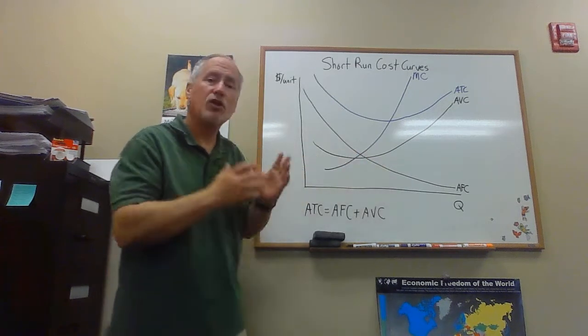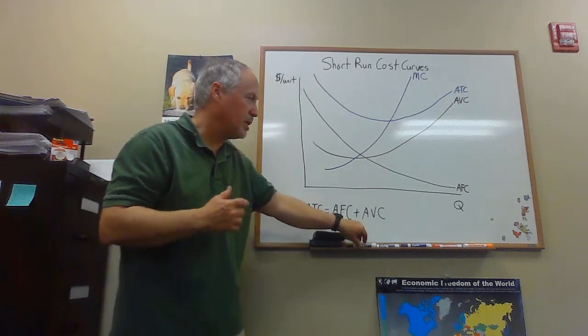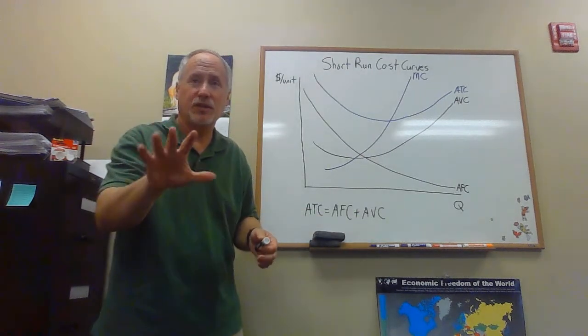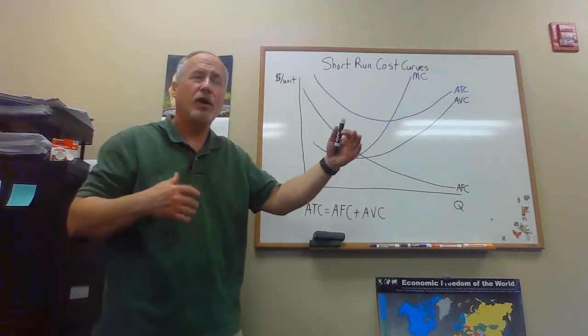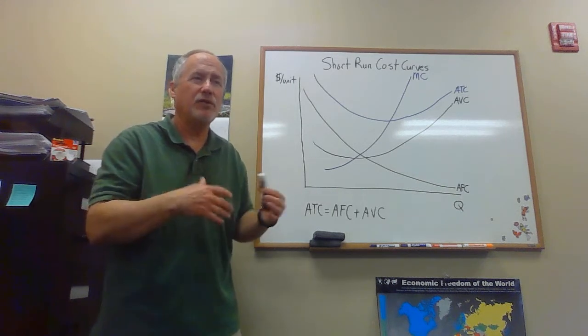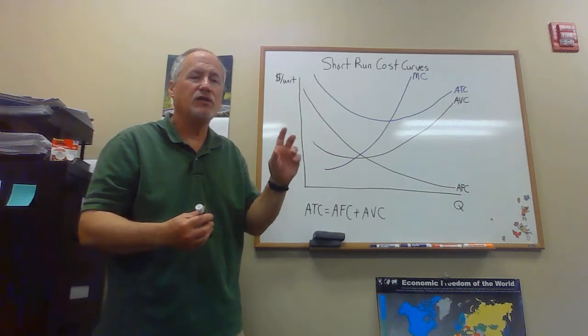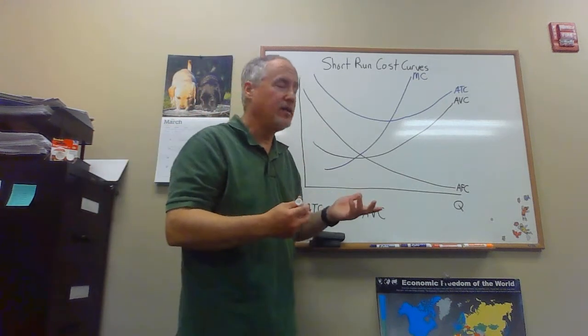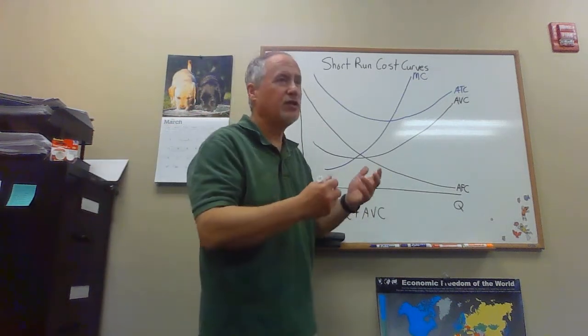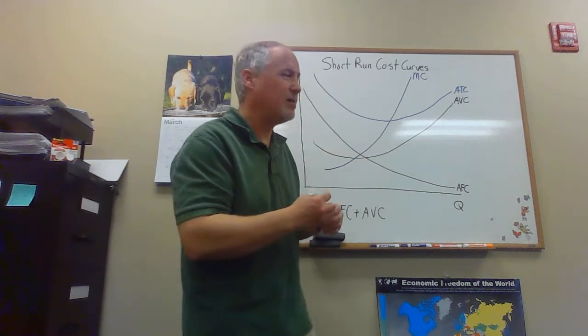Well, average fixed cost is actually pretty easy to get to, because the fixed inputs are fixed. Whatever the quantity, whatever the type they happen to be, the fixed cost is going to be a fixed number. And then you're simply getting average fixed cost by taking that fixed number and dividing it by a bigger quantity.